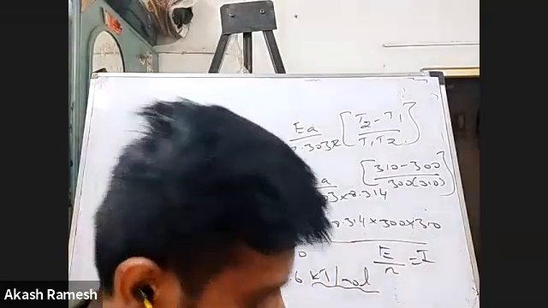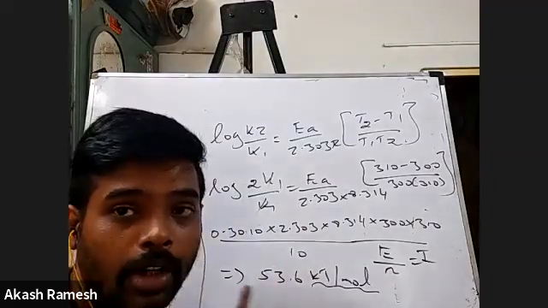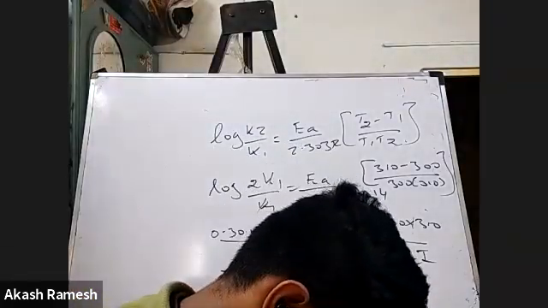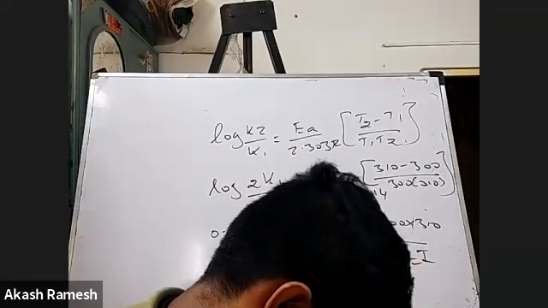Anyways, this is a little extra knowledge. We'll go to the next problem. So 53.6 kilojoule per mole would have been the answer. Okay. So one more.